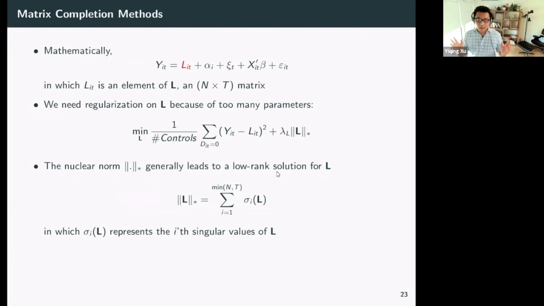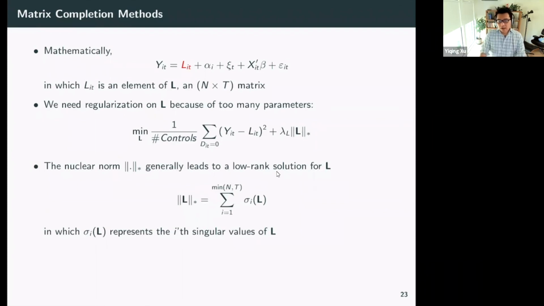It's actually slightly more complicated than that, because we cannot partial them out in one step, because their values will depend on the value of LIT. So it's an iterative process. You estimate the additive fixed effects and the beta, then you subtract them and re-estimate LIT, things like that. But just imagine that we have already dealt with them, so we only have LIT for simplicity.